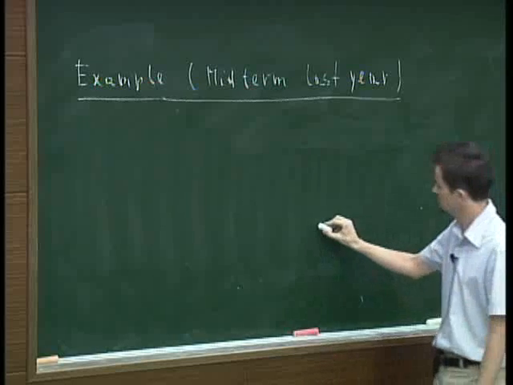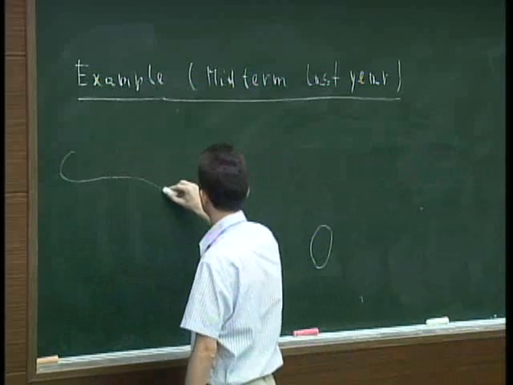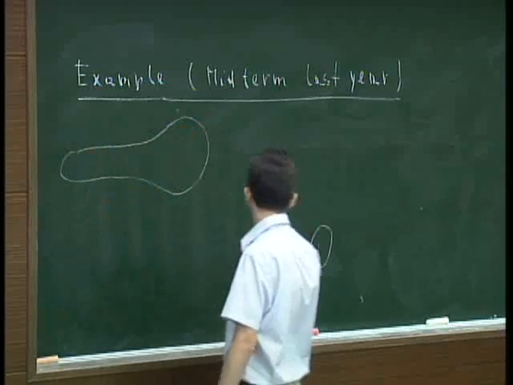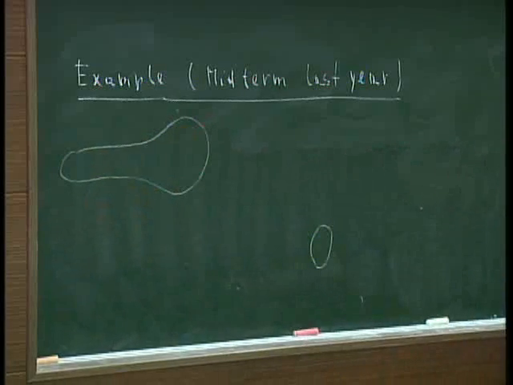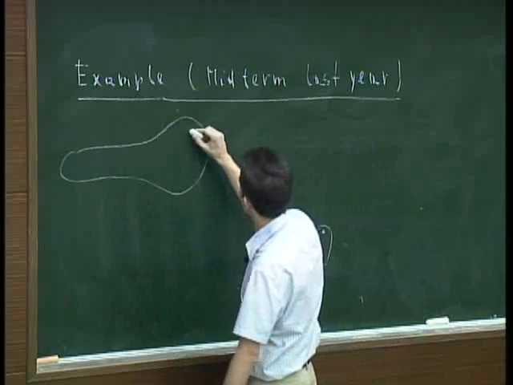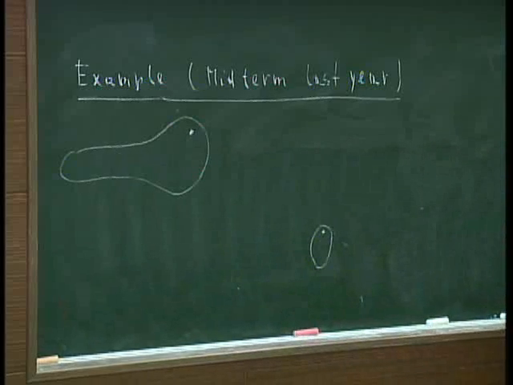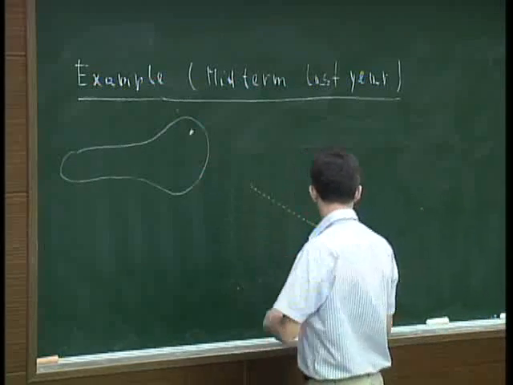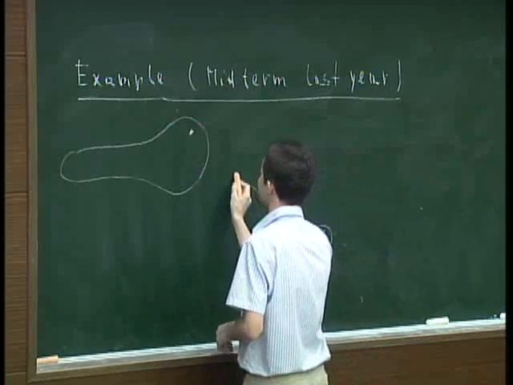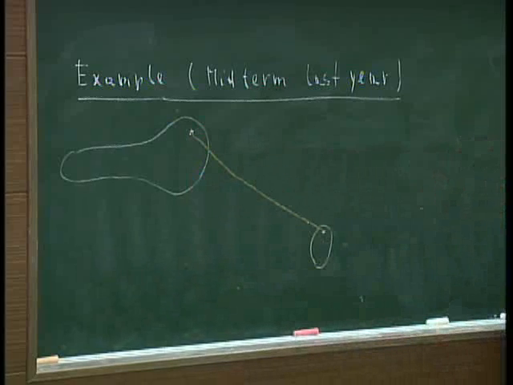Here is Taiwan. Here is my country, Austria. Now every year I'm flying from Taiwan to Austria. So here's Taipei. Here's the capital of Austria, Vienna. And I'm flying from Taiwan to Austria.